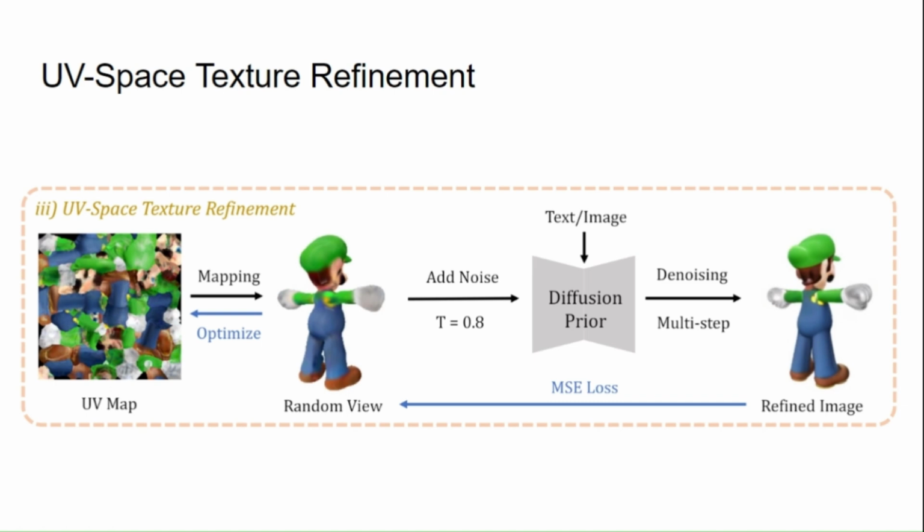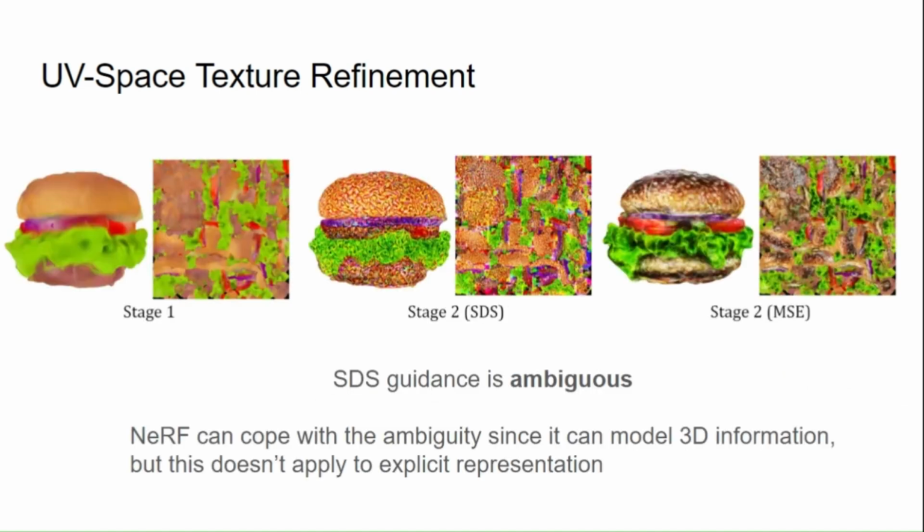We have multiple different random views and then calculate losses from these random views in order to make the texture more believable. But before we talk about the loss function, the authors mentioned an observation. Here you can see that they tried to use the SDS function, the loss function used in the first stage, in this texture refinement stage, and it produced arguably worse results than the method that they later provided.